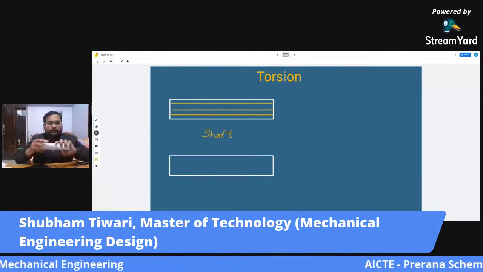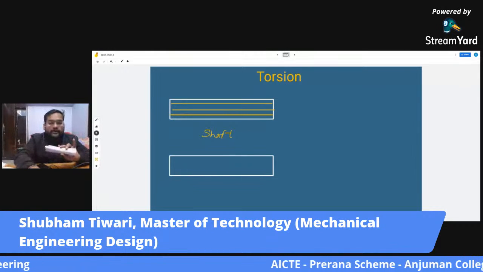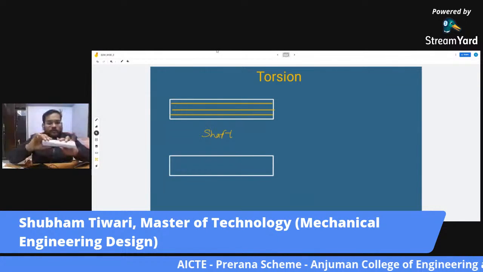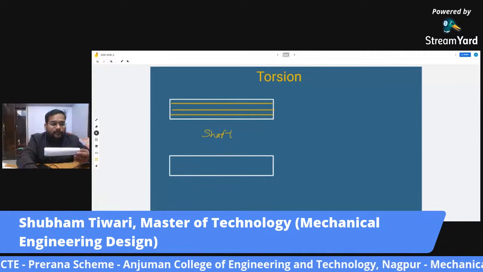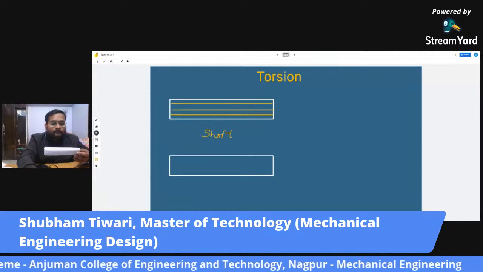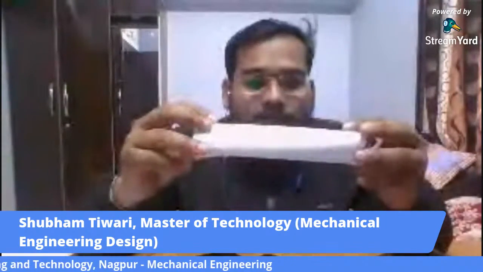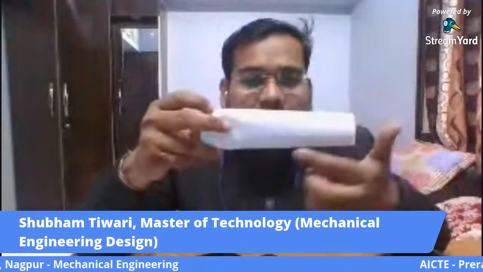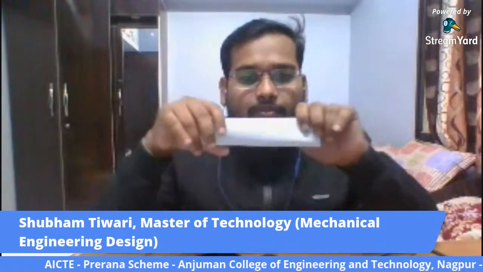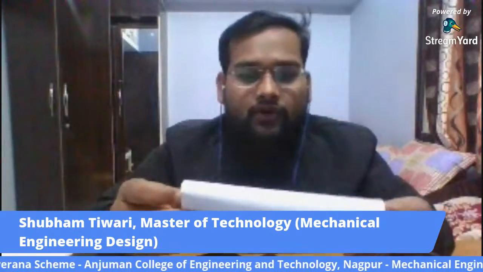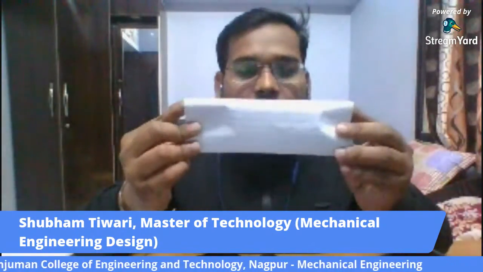If you are able to see this paper, it has lines over it which are equivalent to the layers that I showed you. So if I twist this, okay, now these layers are visible to you.